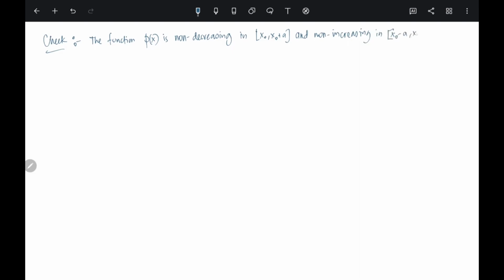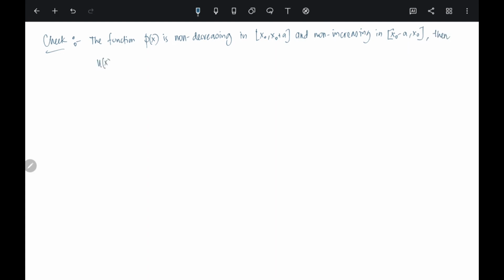So the thing is, let's say the function p of x is non-decreasing in, let's say, this interval x naught to x naught plus a, and it is non-increasing in the other part. What is the other part? x naught minus a to x naught.